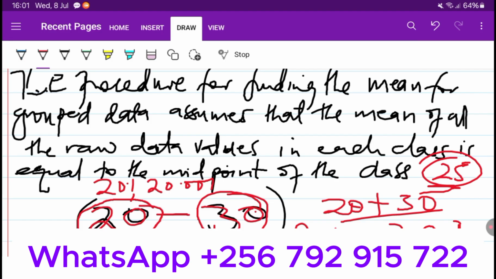But we may find values that are maybe 29, which are above the average, and values that are below 25, maybe 21. That's the implication we are trying to make. It's an approximation: we approximate that the average of the values within a certain class is the midpoint of the upper limit and the lower limit.